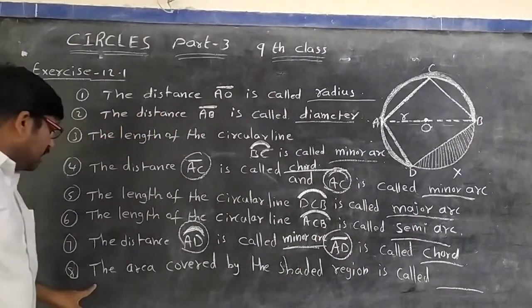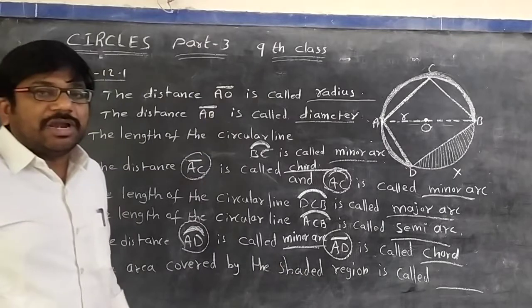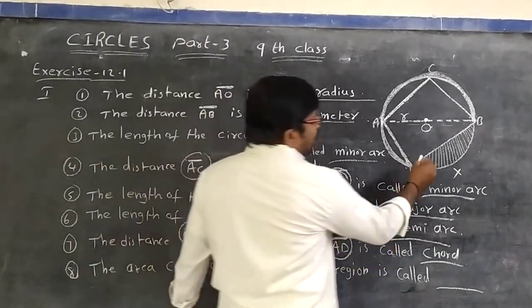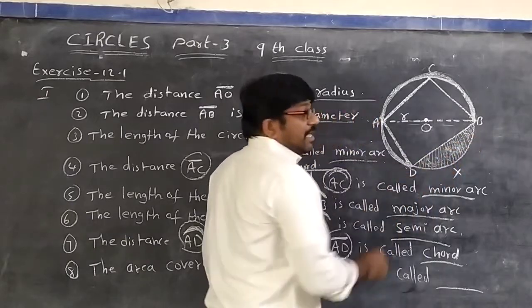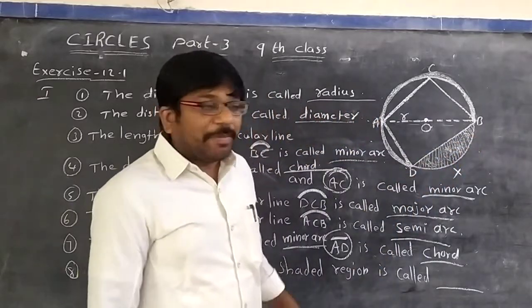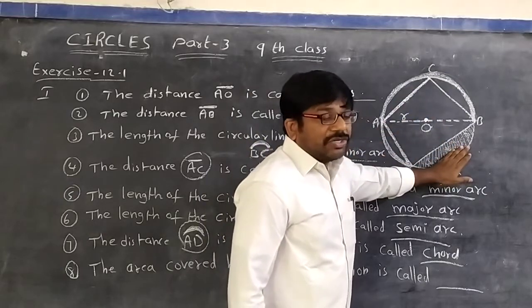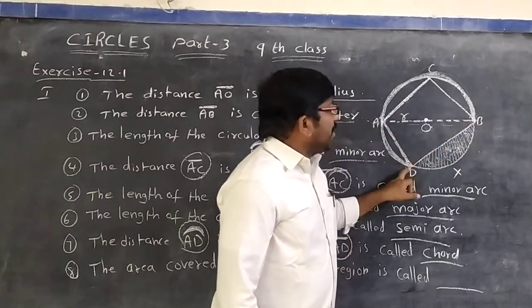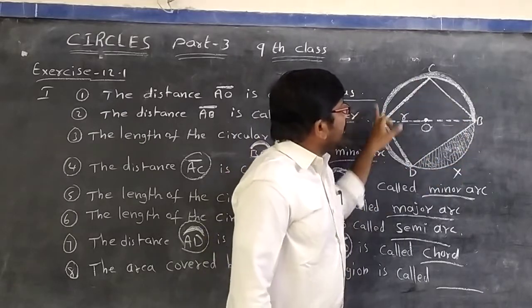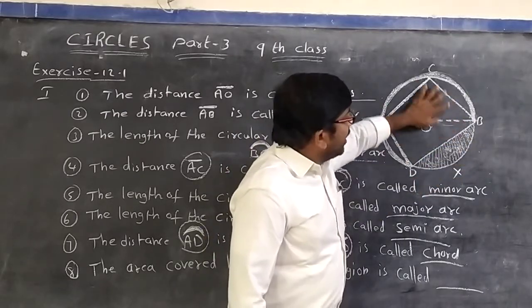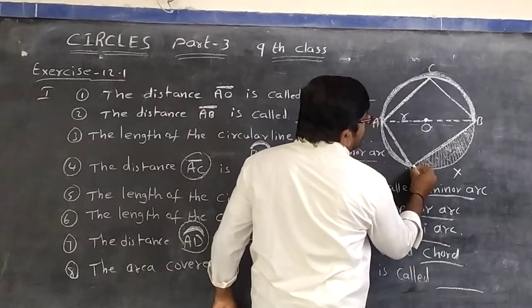The last one: the area covered by the shaded region is called. Here is the shaded region. It is called a minor segment. In the total circle, it is the minor part. Here BD is a chord. This chord divides the total circle into two parts. This part is very small.